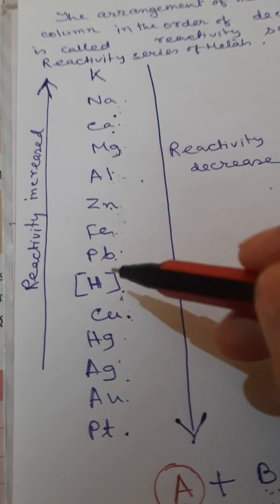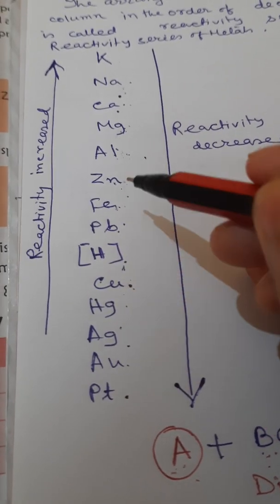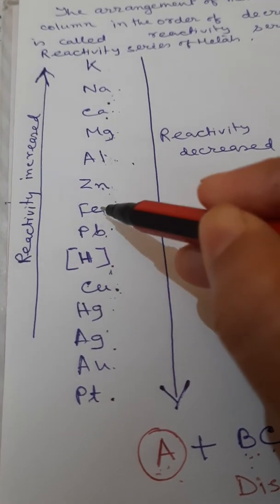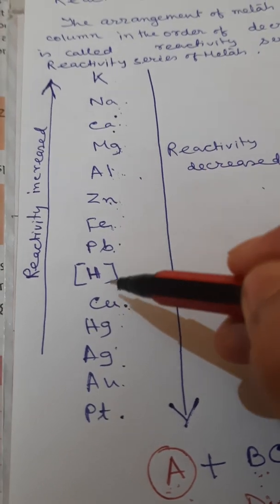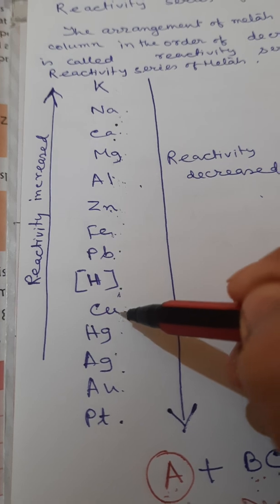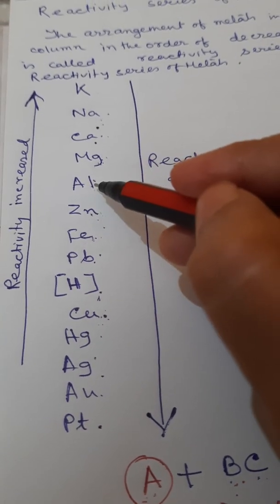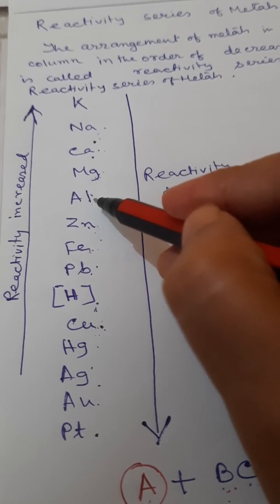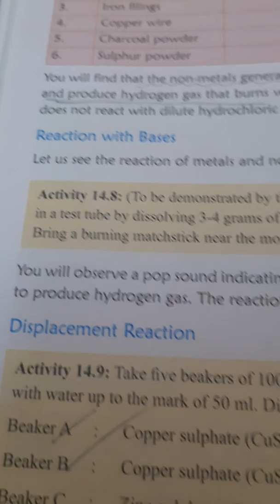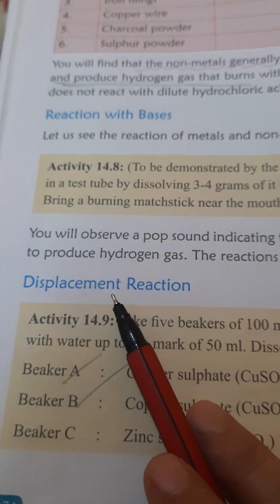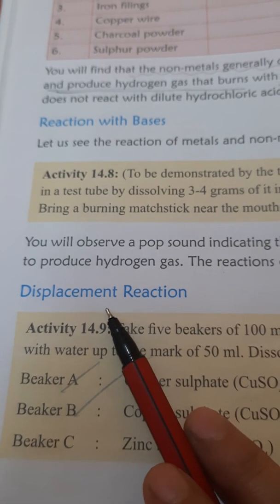And if we consider in reverse, copper is less reactive than iron, copper is less reactive than zinc, copper is less reactive than aluminium. Clear, children? Okay.